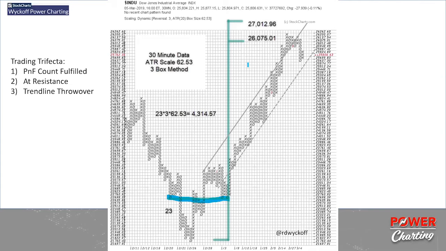And here we can see that this count, after a robust rally, was completed in February. So here we can see that this trend channel that formed had a throwover at the conclusion, which we would call climactic.